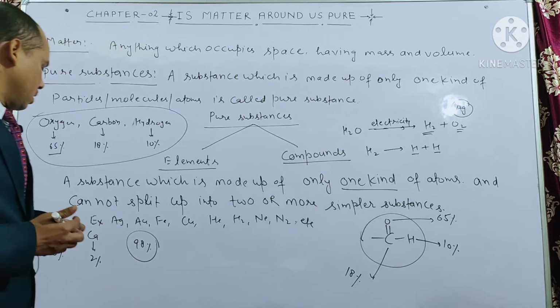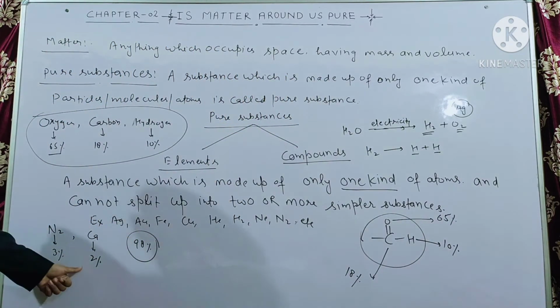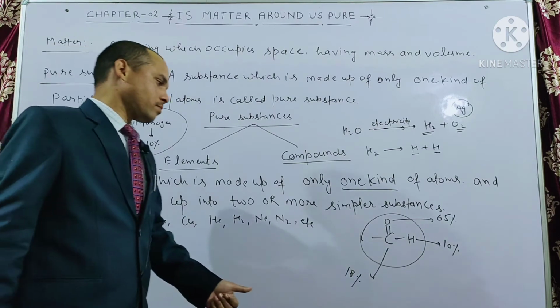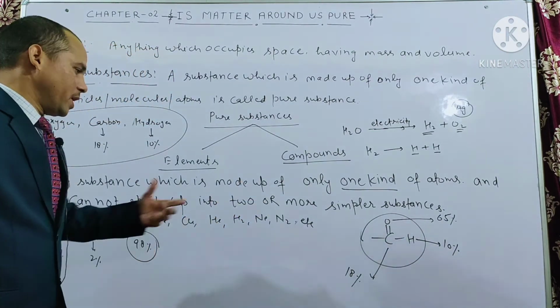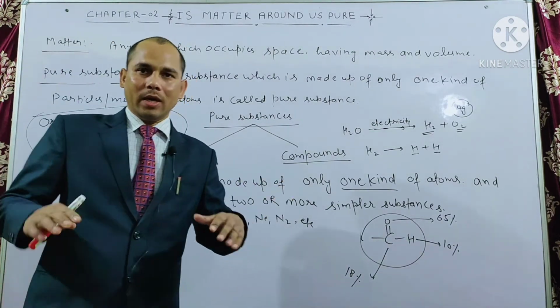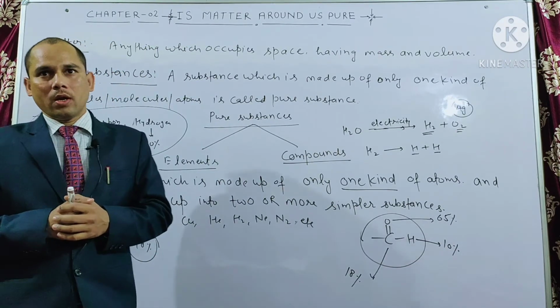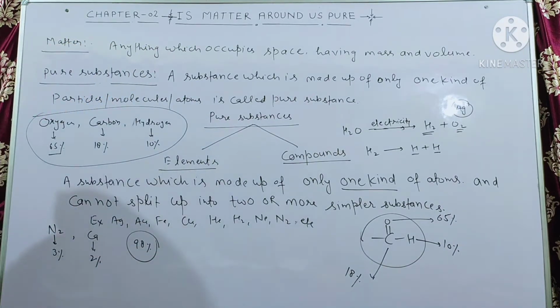And the remaining 3% nitrogen, 2% calcium, and the remaining 2% other elements are also present in our body.